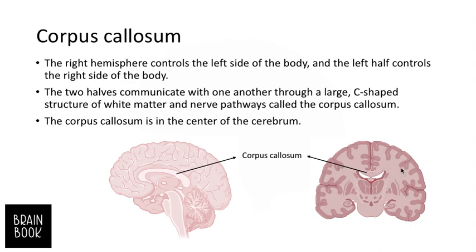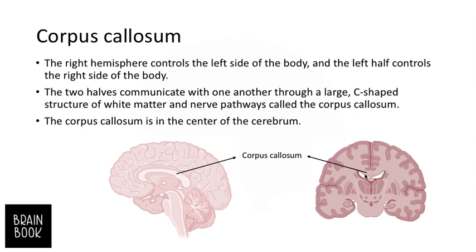These two hemispheres are connected with each other through a C-shaped structure. Here it is, the C-shaped structure. It is made up of white matter and named corpus callosum.